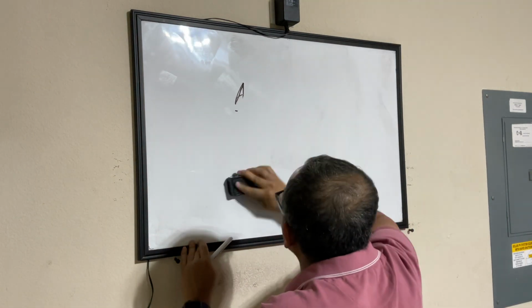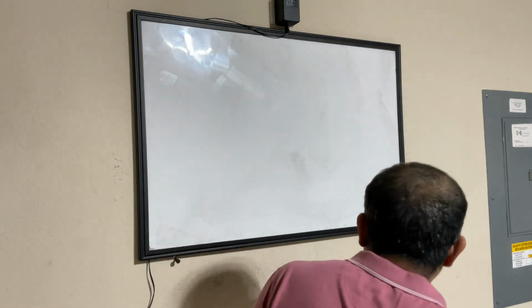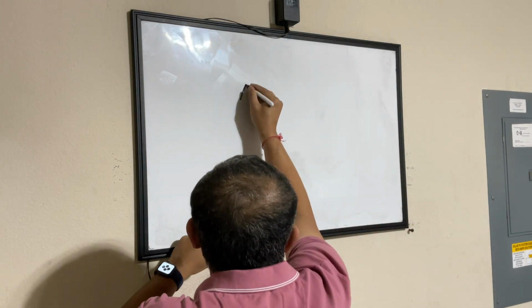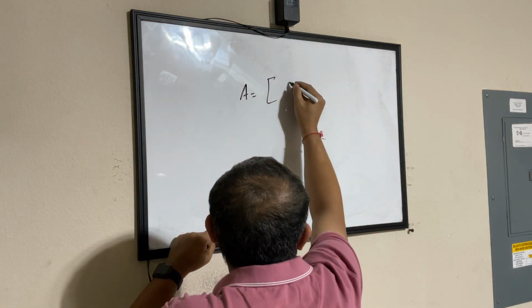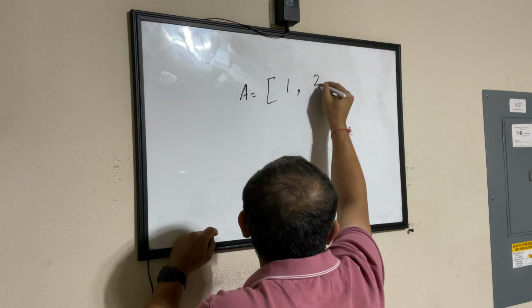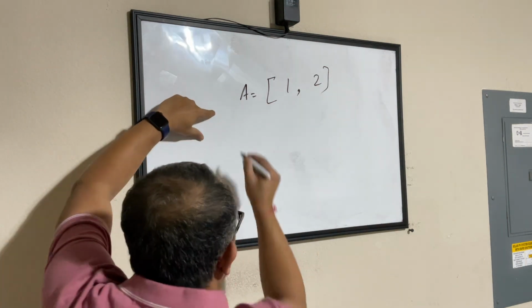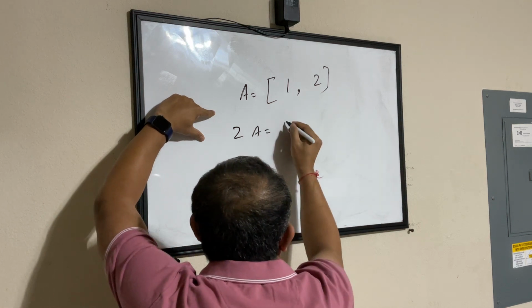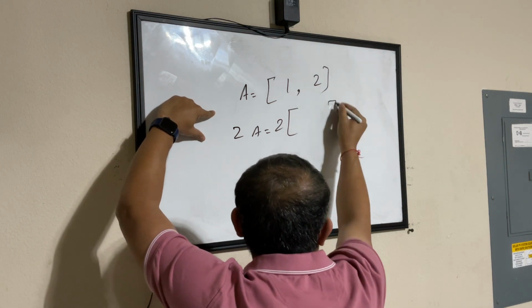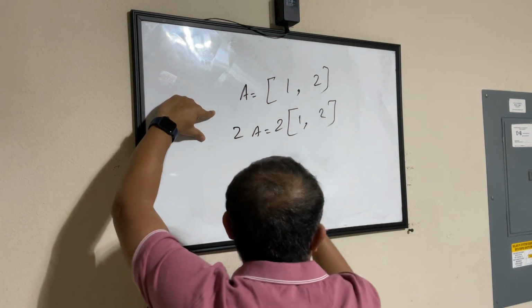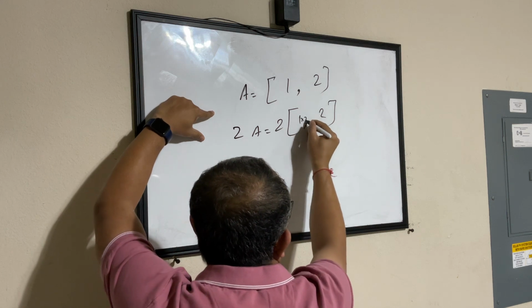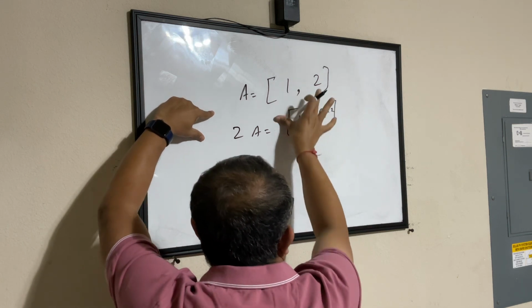So here's the thing. So if, let's say this is my matrix, a 1 by 2 matrix. Okay. If I have to say 2A, I'm essentially talking about multiplying everything by 2. So this gets multiplied by 2, this gets multiplied by 2. Okay.